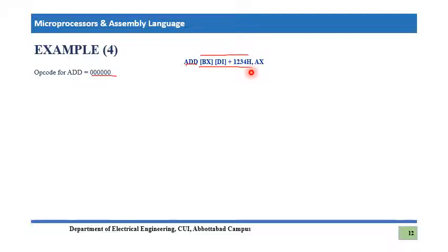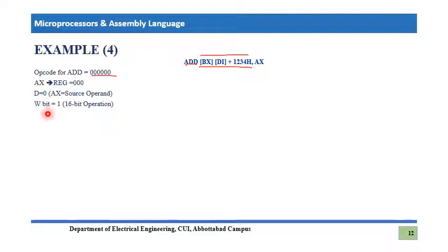AX is going to be encoded in the REG field, and the code for AX is 000. Since the D bit is related to REG and AX is a source operand, D will become equal to 0. The W bit will be equal to 1 because AX is a 16-bit register, so this will be a 16-bit operation.